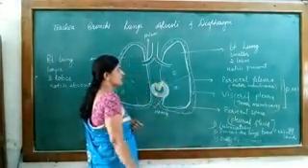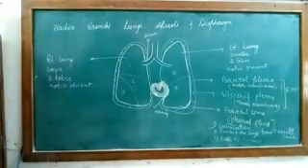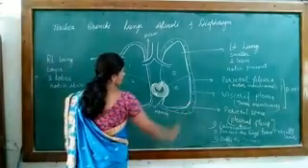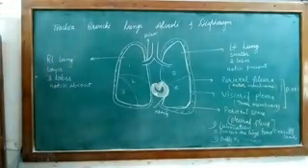Together they are called the pleural membrane, and the two pleural membranes have a space called the pleural space. It is filled with pleural fluid, which helps in lubrication, protects the lungs from external shocks, avoids friction between the two membranes, and holds the two membranes together. These are the functions of the pleural fluid.